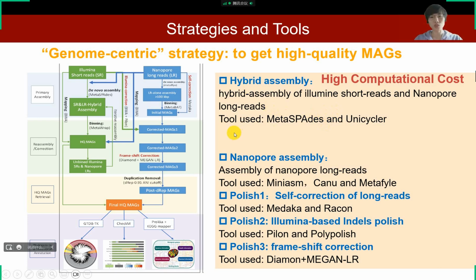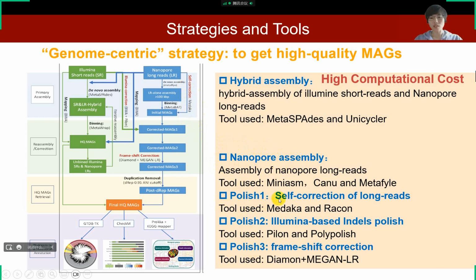So in order to overcome this obstacle, a lot of researchers use the nanopore-alone dataset for their primary assembly. Because the errors may persist in the nanopore-derived assembly, the assembled contigs need to go through 3 steps of polishing before use.